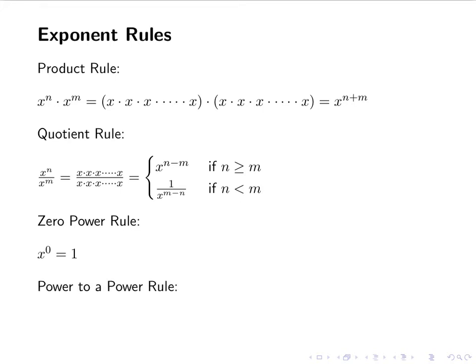The last rule is what we call power to a power. So if I have x to a power, so x to the n, and then I raise that to a power m, again, I can go through what the definition is, but hopefully you can see that I'm going to multiply them together, because I have x to the n, m times.